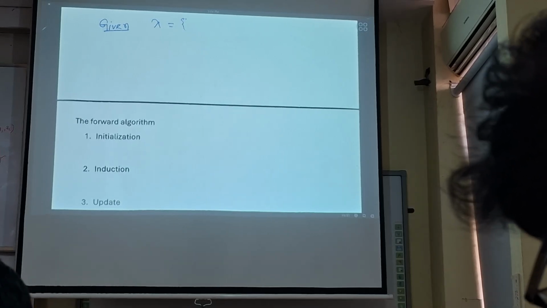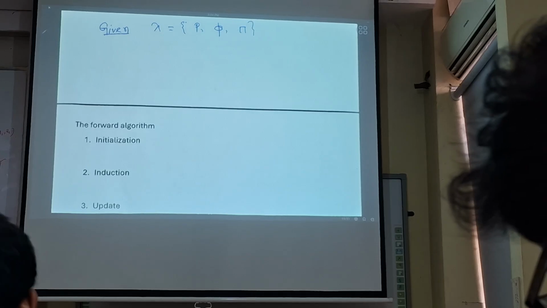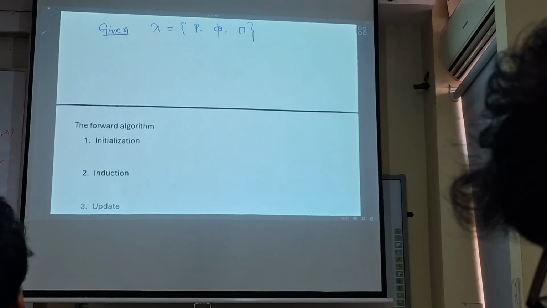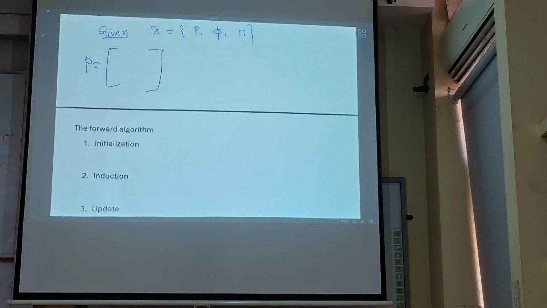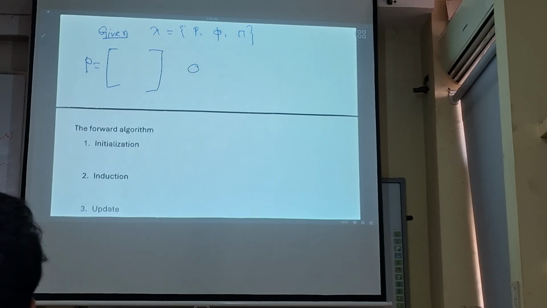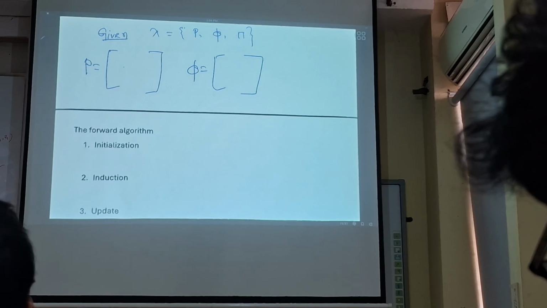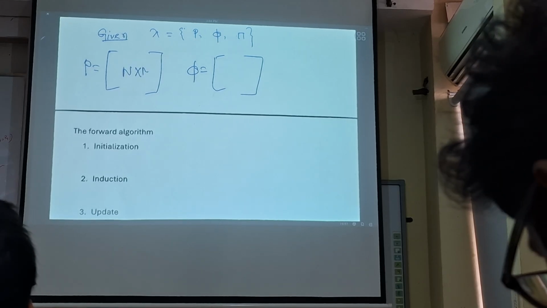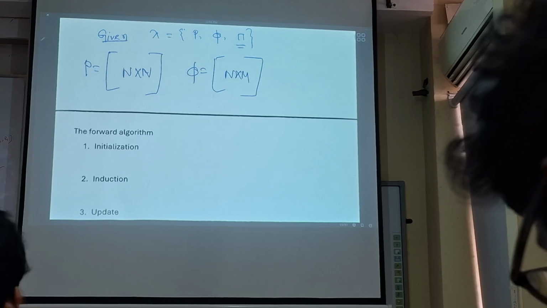Lambda is P, phi, and pi, right? That means the matrix P is given. I am not writing it here because we have it. The matrix phi is here. It is an n by n matrix. This one is an n by n matrix. The vector pi is given.